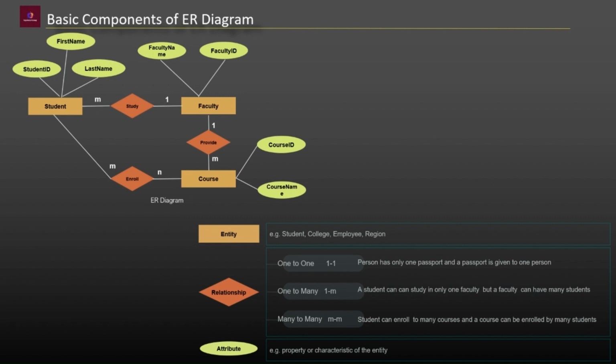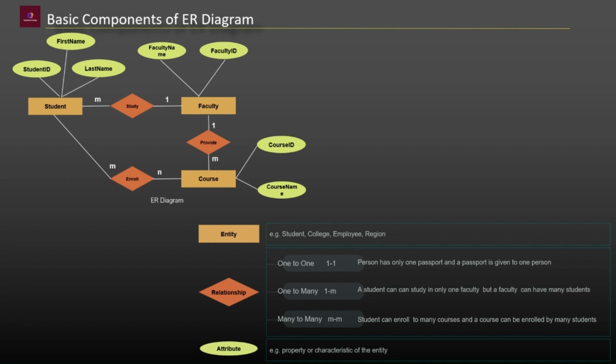When we look at the following diagram, as you can see, we have three entities: student, faculty, and course. So let's talk about the relationships that exist between these entities. Relationships describe how these entities will interact with each other. When you look at the orange shape, that shows the relationship between these entities.